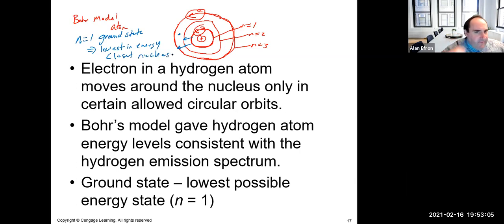Anything above that, like n equal to 2 to 7, is sometimes referred to as the excited states. And these are higher in energy. And obviously, as you go up towards 7, you're moving further away from the nucleus.